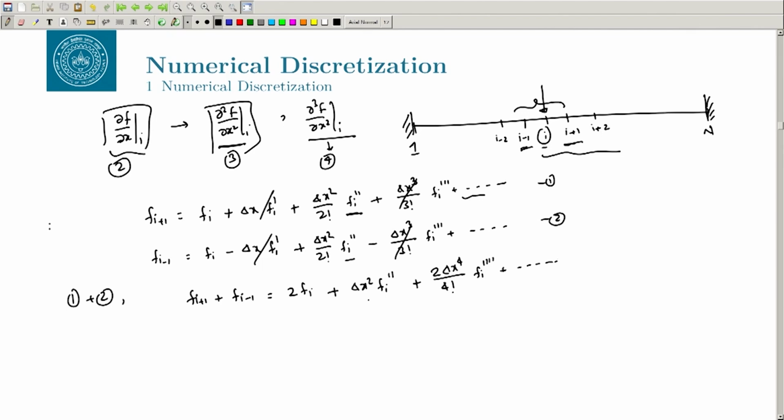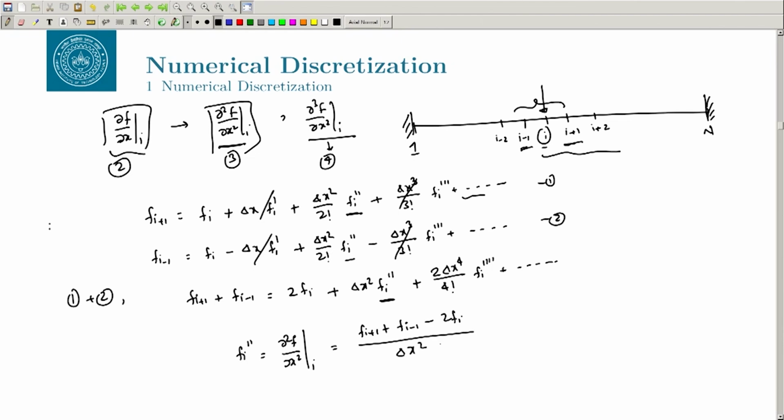Now you collect the terms. We want to get this. So, this can be written as f I double prime, which is del 2 f by del x square at I, equal to f I plus 1 plus f I minus 1 minus 2 f I, divided by delta x square.